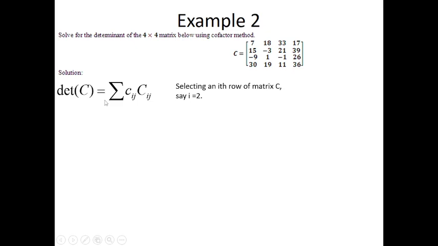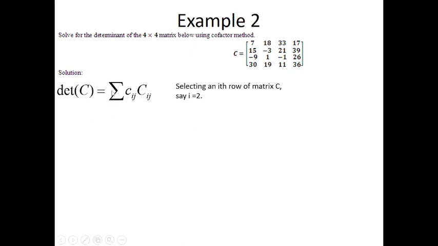Okay, so we have summation of lowercase c with the subscript ij multiplied by uppercase C with the subscript ij. Okay, so initially that is the determinant of A. I have shown you the formula for that. So that is determinant of A.